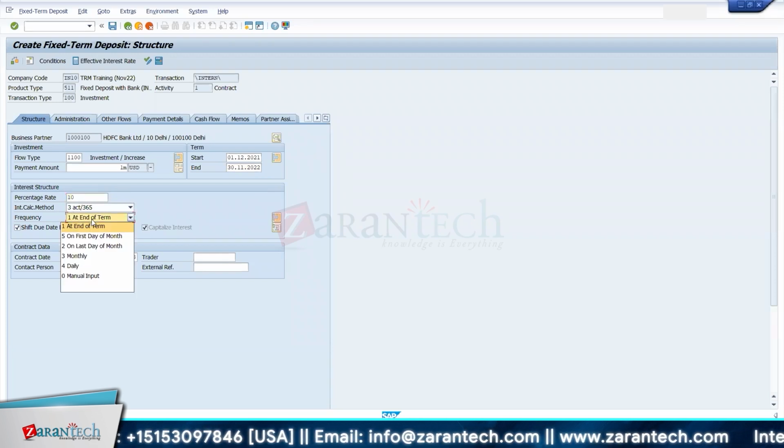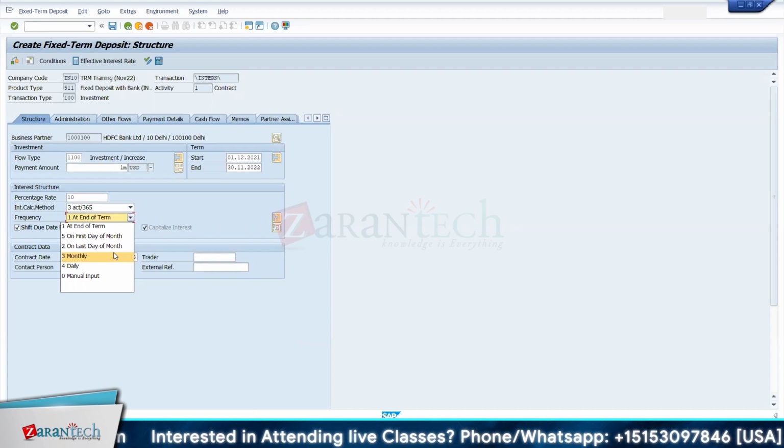Frequency means when you are going to get your interest transferred to your account. Suppose the bank says, I will give you the interest with the maturity, meaning there will be no quarterly transfer of interest to your account, then you can say at the end of the term.